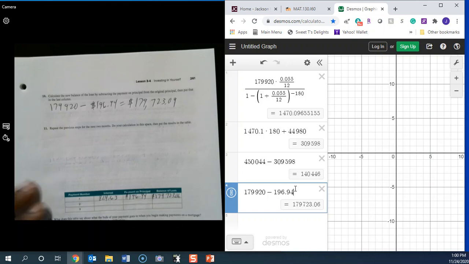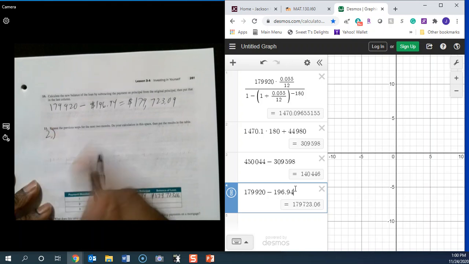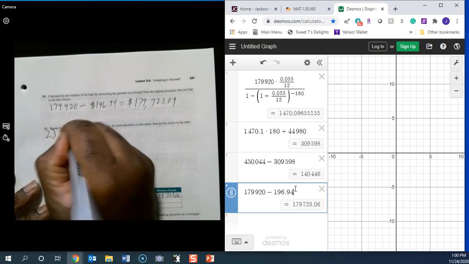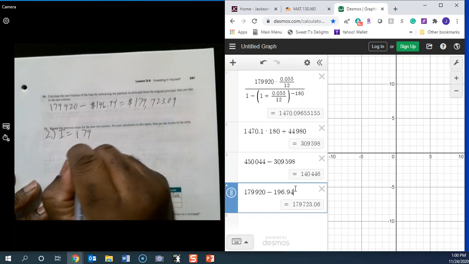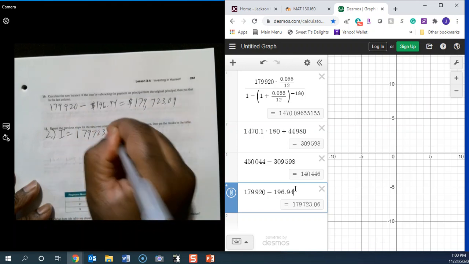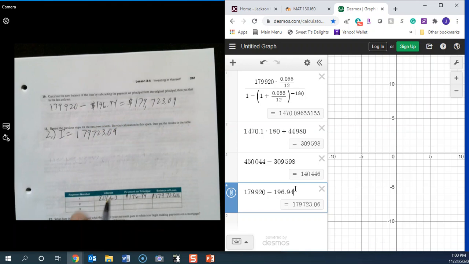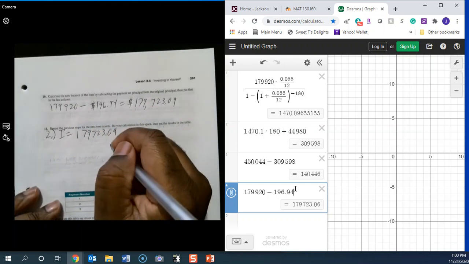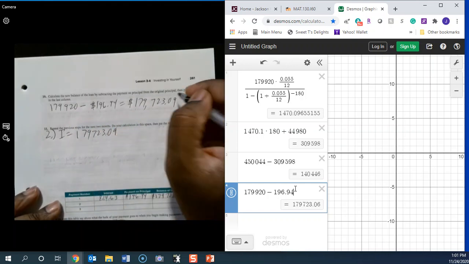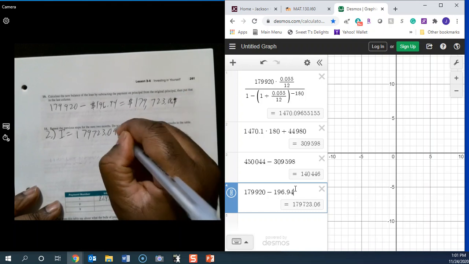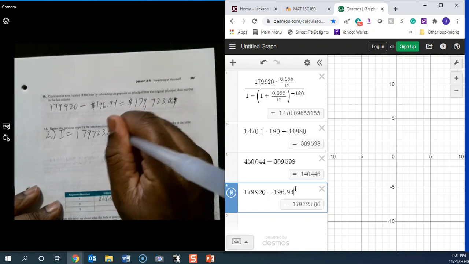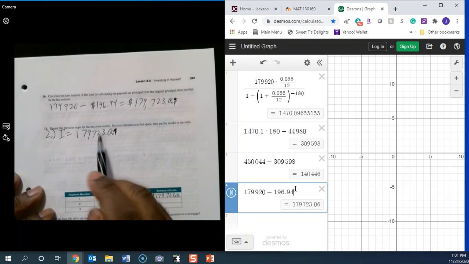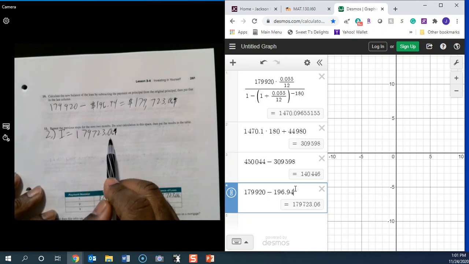All right. So for the second month, we first find the interest. We'll take this principal, $179,723.06. Oh, you know what? I'm sorry, it's supposed to be 06, not 9. All right. So now this will be the principal.